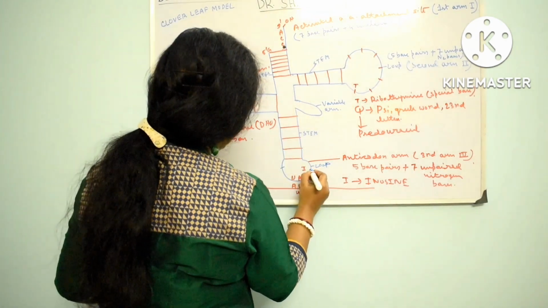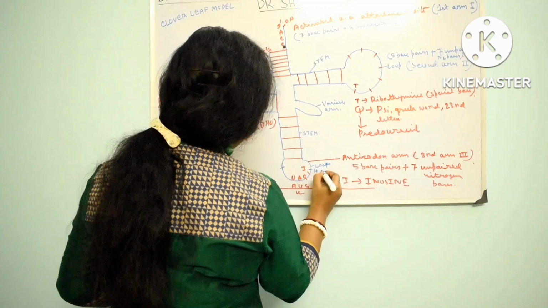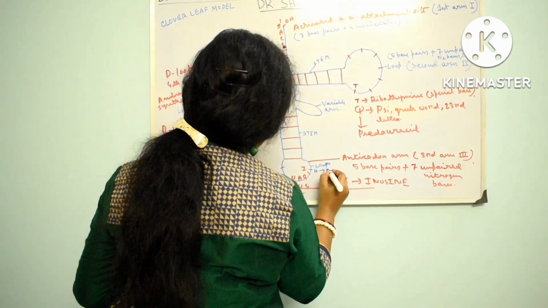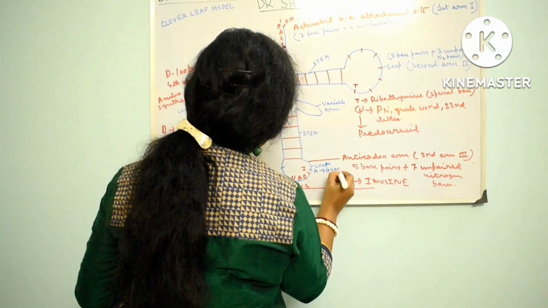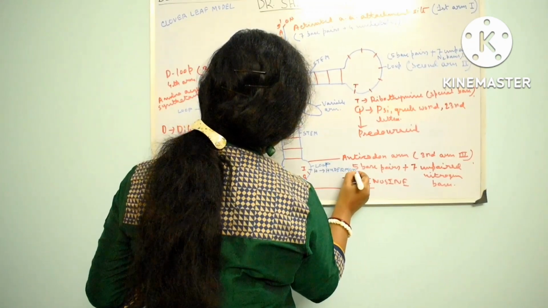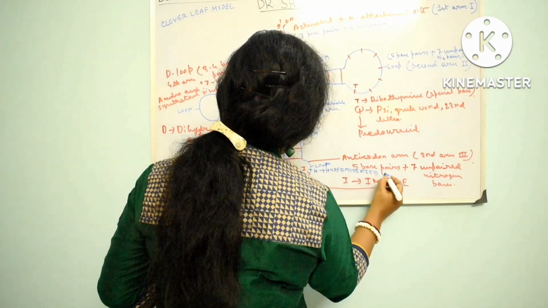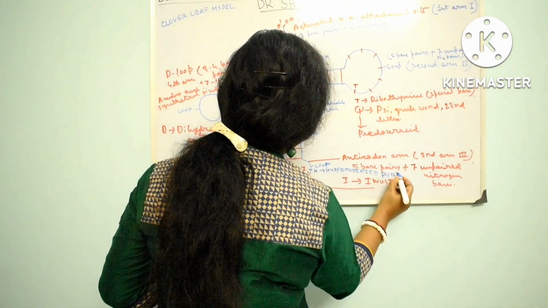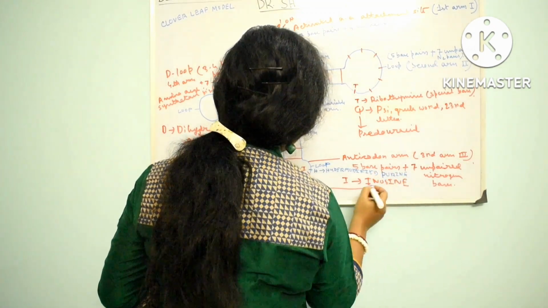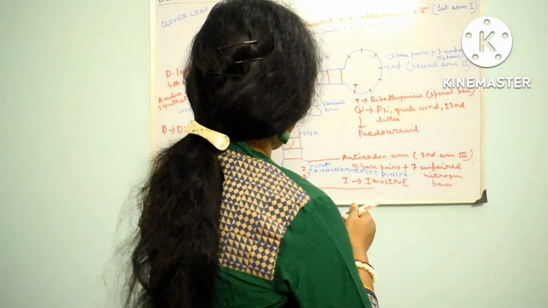In this position, H, hyper modified purine is present as an abnormal nitrogen base.